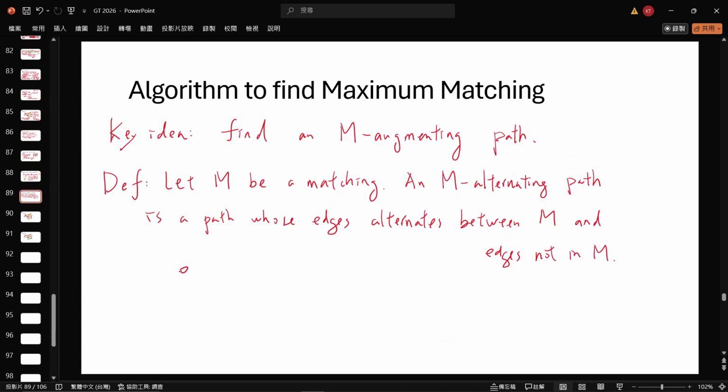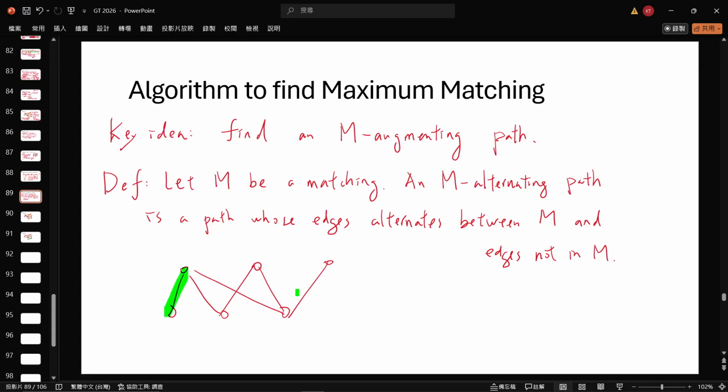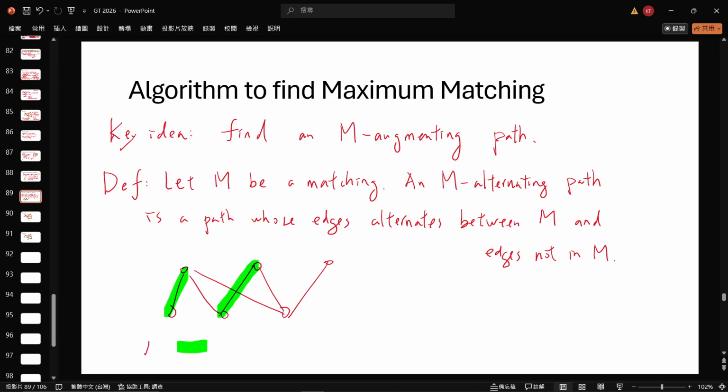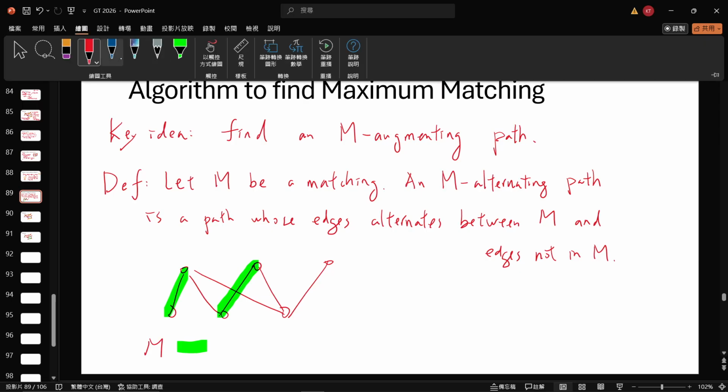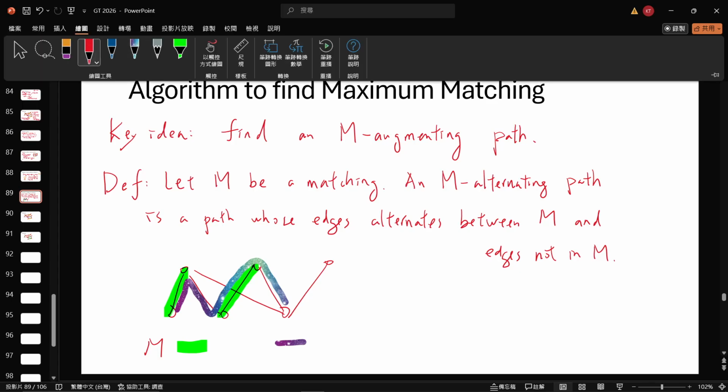Perhaps I can give you another example here. So here, M is the green matching, and this path is an M alternating path.